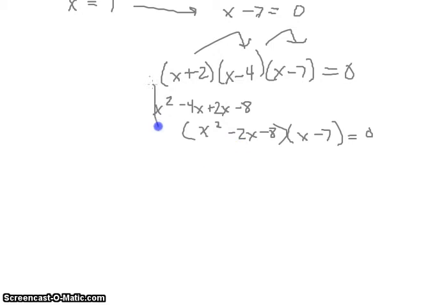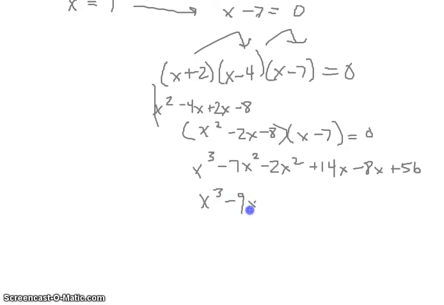And what I'm left with is x cubed minus 7x minus 2x squared plus 14x minus 8x plus 56. So I combine like terms. I get x cubed minus 9x squared plus 6x plus 56 for my answer for this expression.